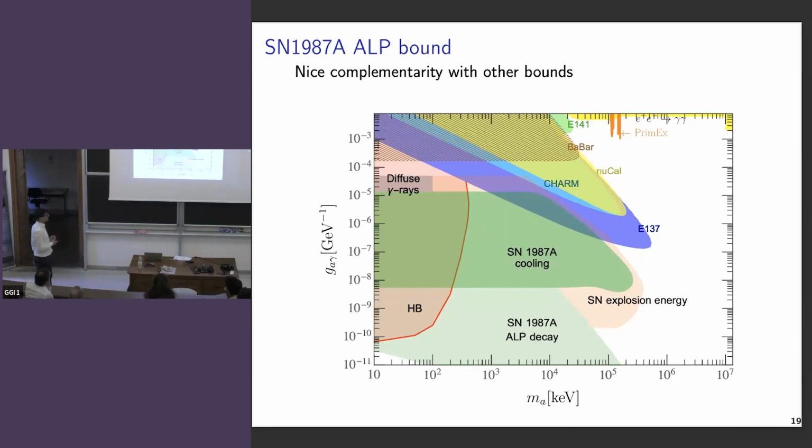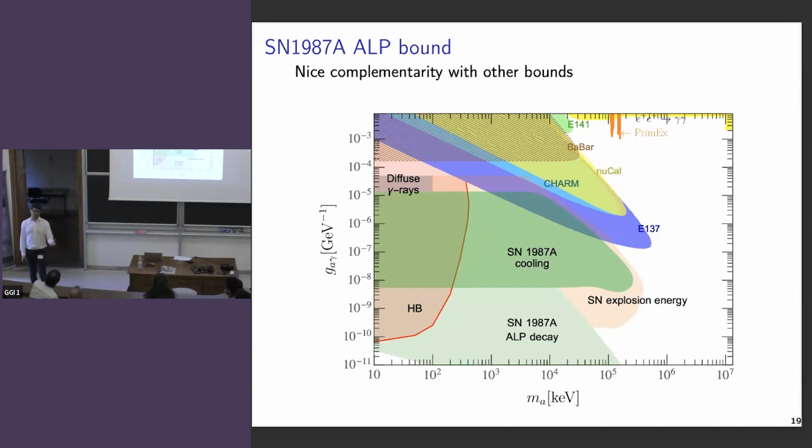And this bump here is related to the contribution of the photon coalescence, which becomes dominant for masses larger than about 100 MeV. But we can obtain an even stronger bound using supernovae as calorimeters, as actually first proposed by Schramm in the 90s, and then recently discussed again by Georg, Andrea, and Eduardo. I think there was no one else in the paper. The argument is the following one.